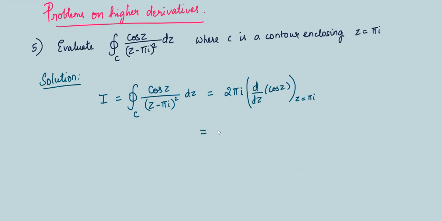Now this one will be 2 pi I times the derivative of cos, which is minus sine.